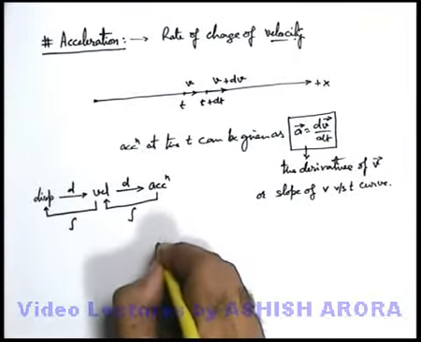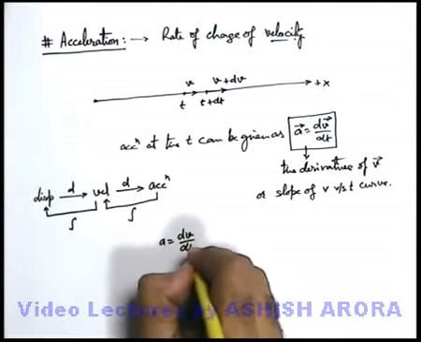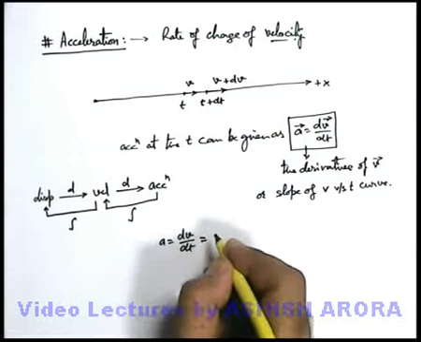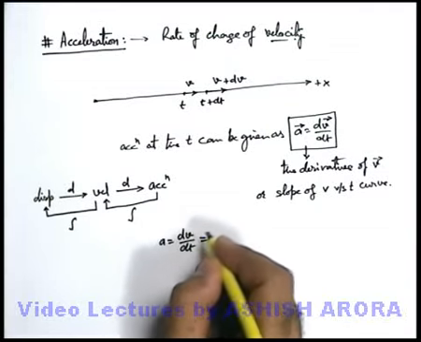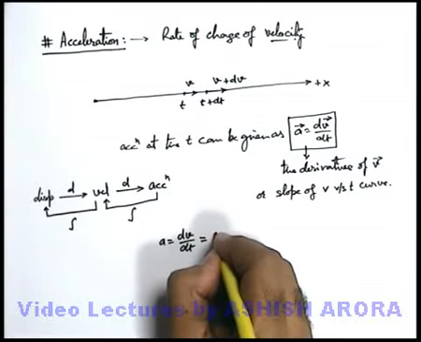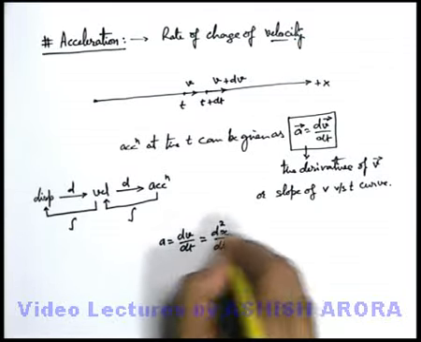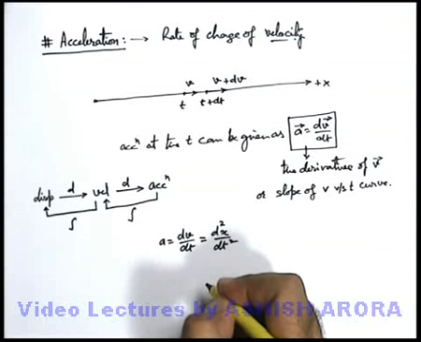Instantaneous acceleration we can give as dv by dt, or if we write velocity as dx by dt, that is, velocity is the differentiation of displacement with respect to time, we can write acceleration as the second differentiation of displacement with respect to time, that is d square x by dt square.